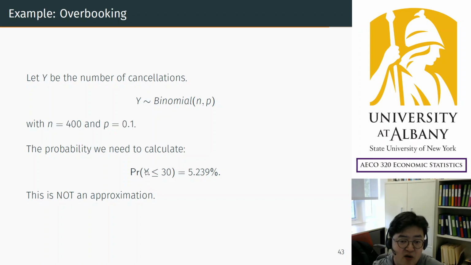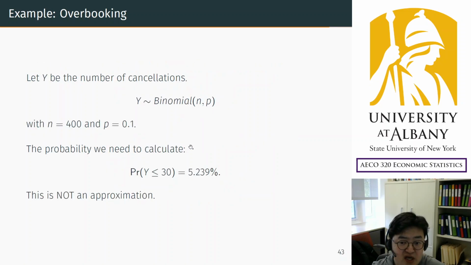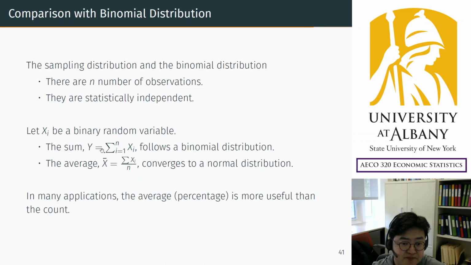I will calculate the same probability using the central limit theorem. First, for the probability that the number of cancellations is less than 30, you have to transform the number of cancellations into an average. But we learned the relationship: the number of cancellations divided by the sample size is the average.